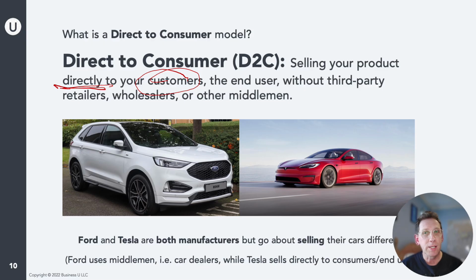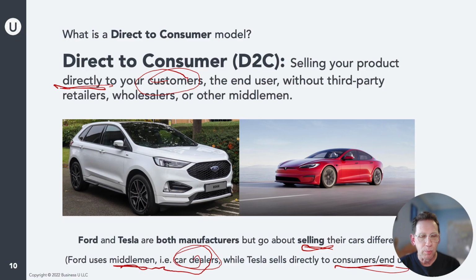So for example, Ford and Tesla are both manufacturers, but they go about selling their cars differently. Ford uses middlemen like car dealers, but Tesla sells directly to consumers and end users. Now, Tesla now has gotten stores as well, so they have that car dealership in themselves. Car dealerships from like Ford are different. They're usually owned by another company that Ford then sells to.